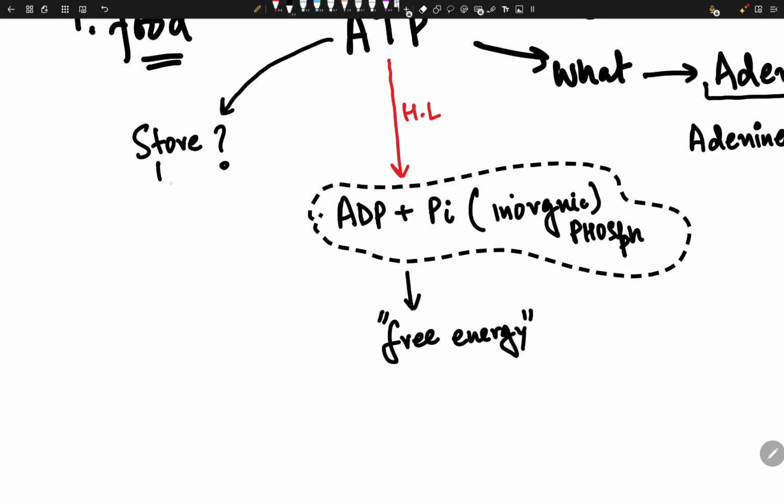Instead, the body stores something called glycogen. And the body stores fat, which I have too. So these two, glycogen and fat, can continually be converted into ATP.